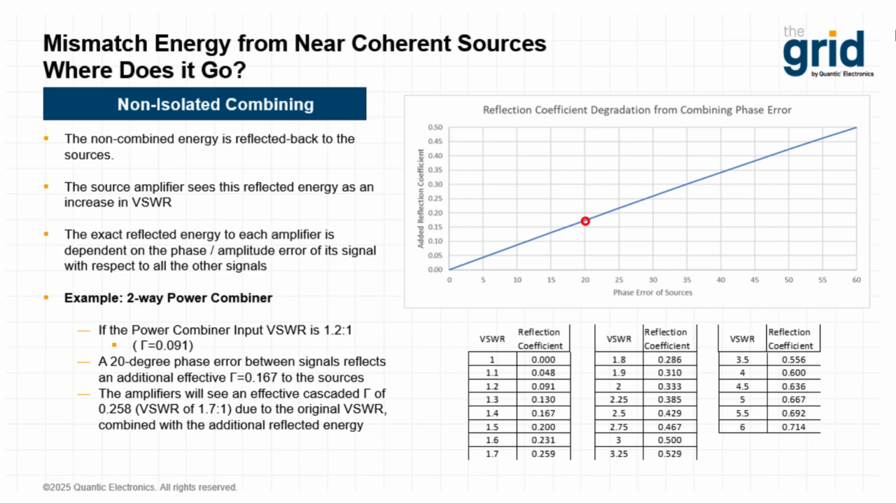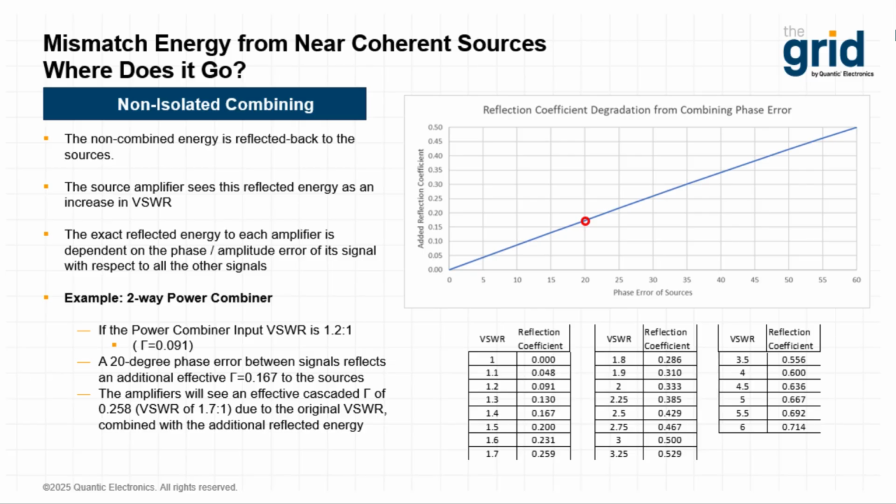If we add a 20-degree phase error, on the nomograph you see that it adds an additional 0.167 of reflection coefficient based on the reflected power coming back for that 20-degree phase error. If you sum the 0.09 and the 0.167, you end up with a cascaded reflection coefficient of 0.258, which is a VSWR of 1.7.